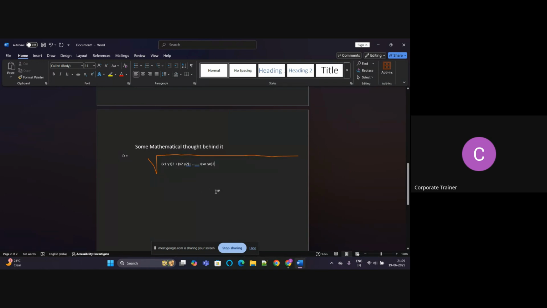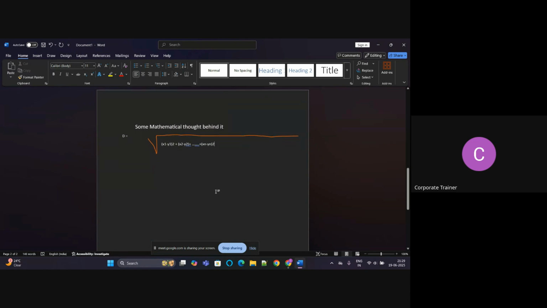Basically it represents the minimum within the cluster sum of squares. Whatever you require, do a little research and you will get the formula. Whenever you are working on K-means clustering, sometimes it requires some mathematical things, so you can follow these techniques. This will help you.